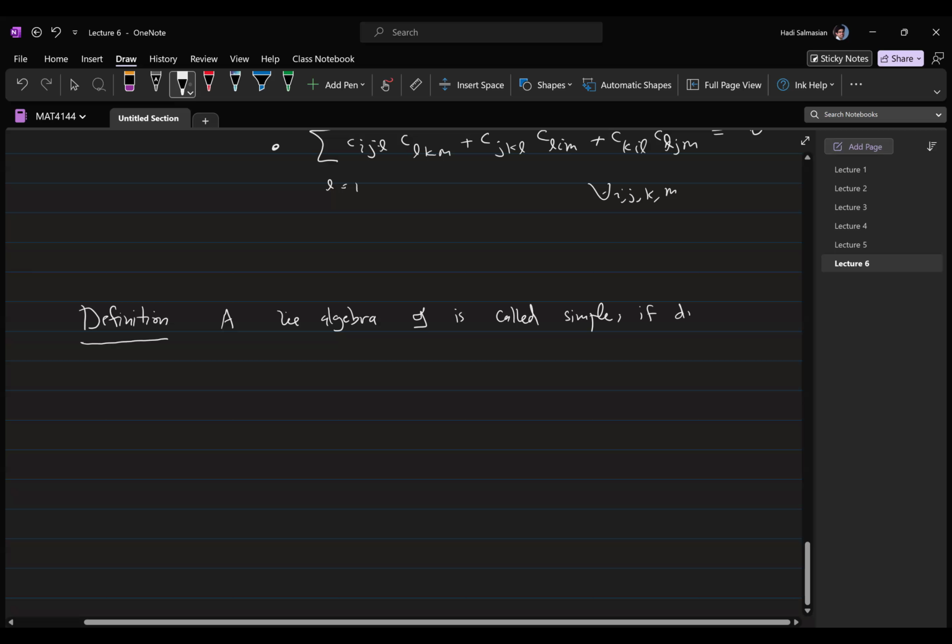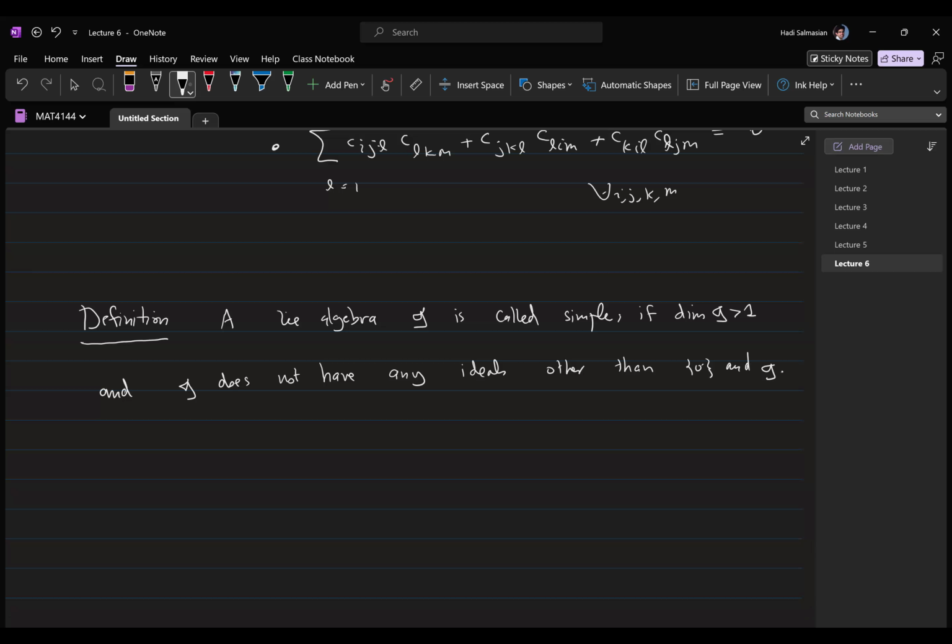The condition is that the dimension of G is bigger than 1 and G does not have any ideals other than the trivial ones, which are 0 and G. So you exclude the abelian one-dimensional algebra because that would fit this definition of not having proper ideals, but we don't want to call it simple for many, many reasons.